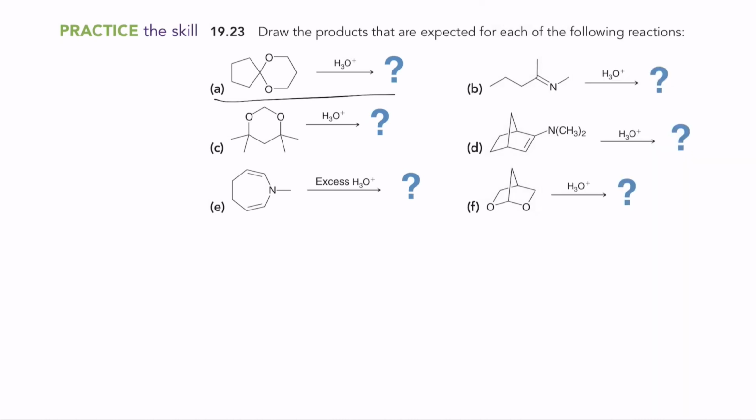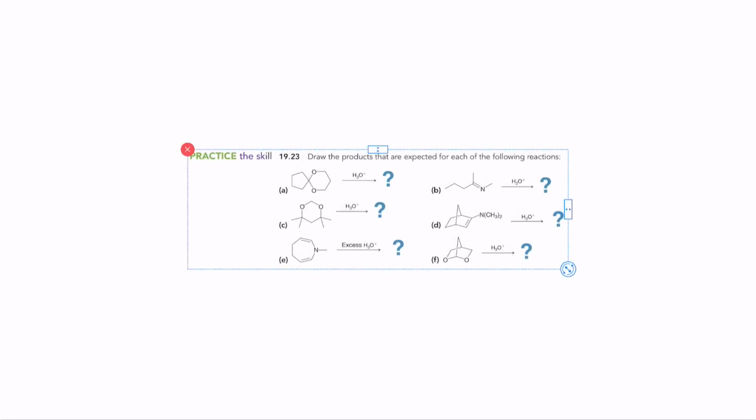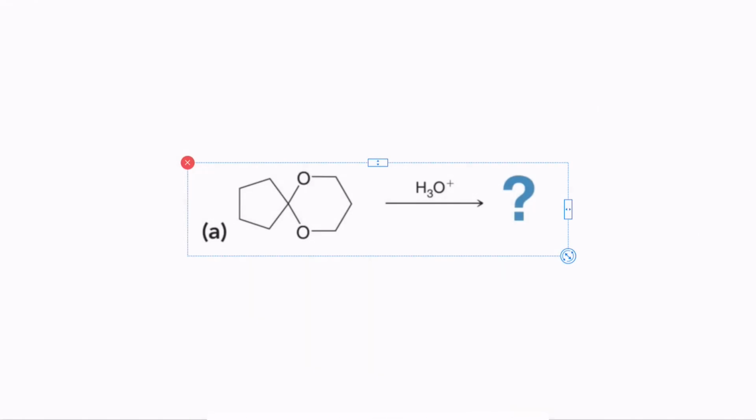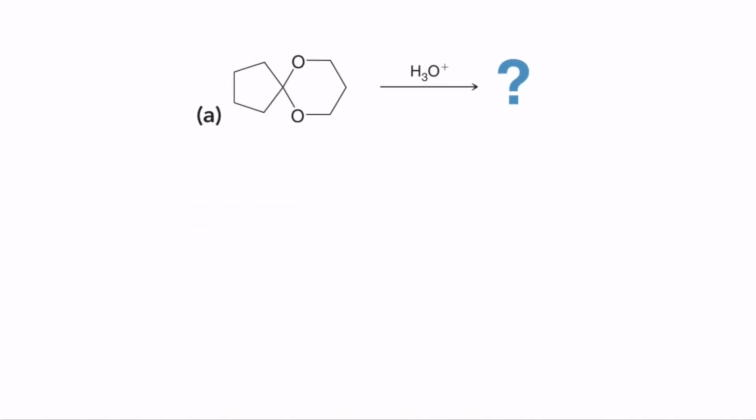So let me copy this part. So this is the part that you want here. First thing that should happen is that notice what type of compound it is. It is an acetal, which means that the bond is going to break here and here. When it breaks, what is going to happen?